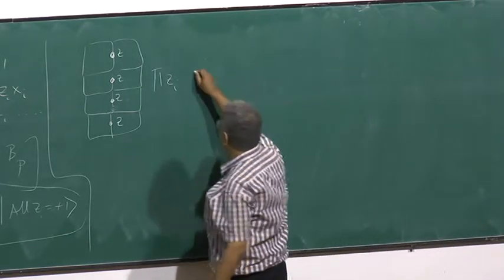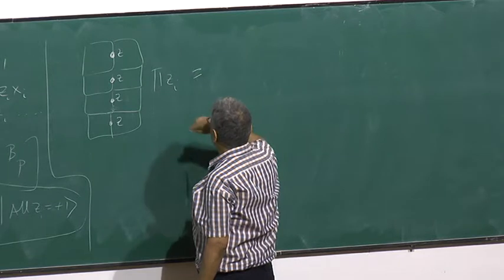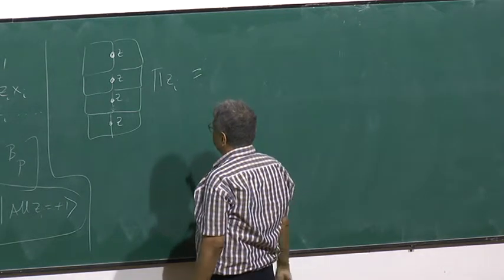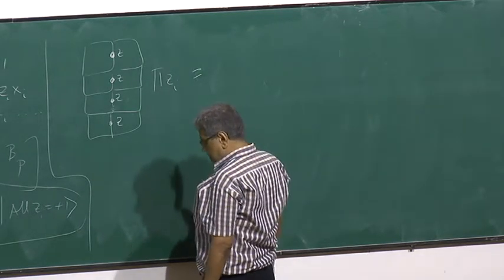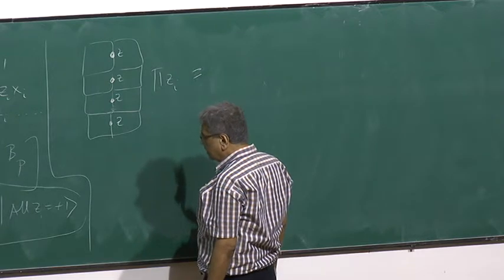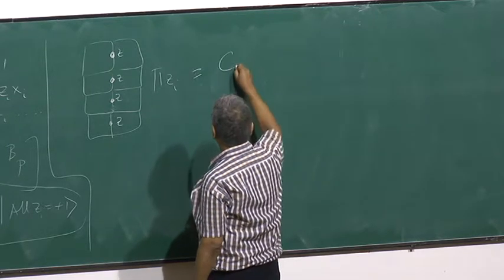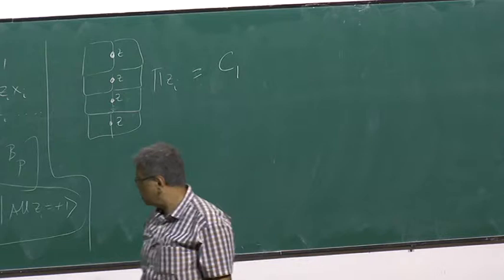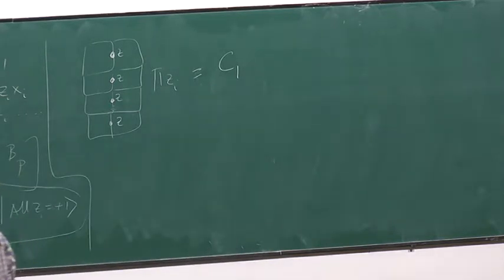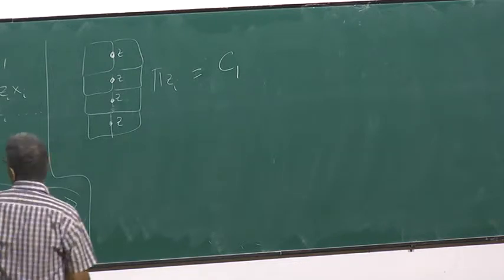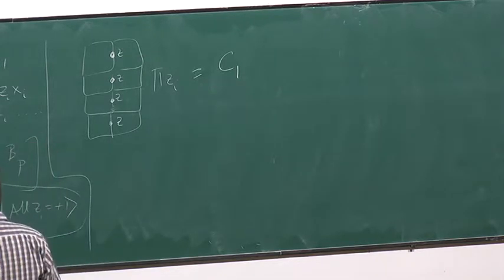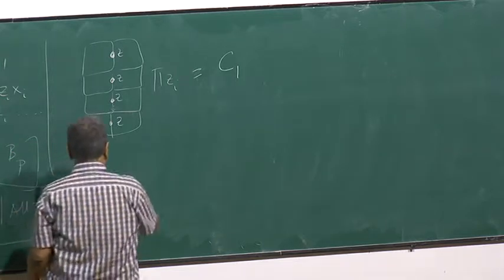So, let us give this a name. I am running out of symbols. Let me call it C1. Another conserved quantity is the product over z's running in the horizontal direction.